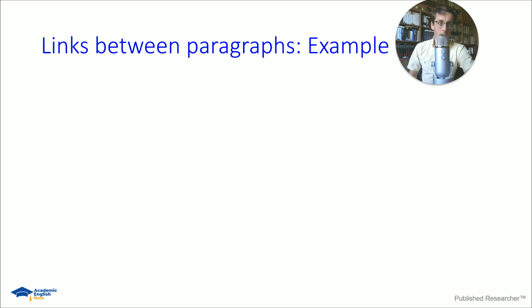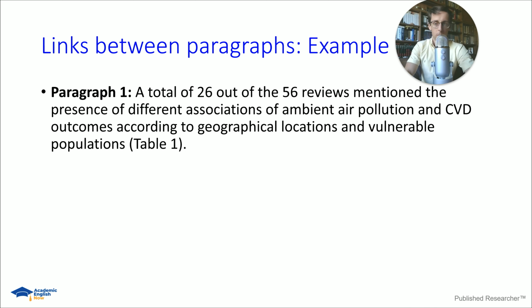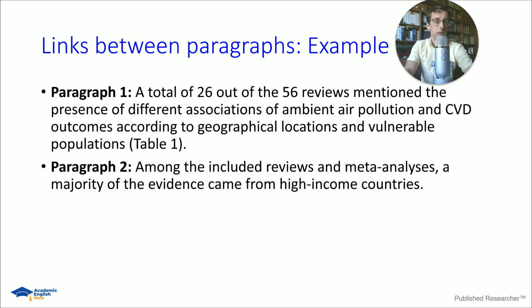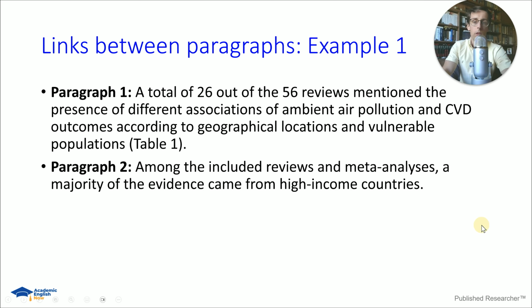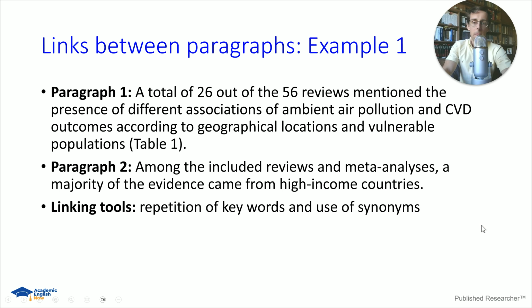Let me give you an example so that it's not some abstract high-level stuff, but that you actually understand what we're talking about here. So this is the end of the first paragraph, and this is the beginning of the second paragraph. Let's see what the writer did here. The writer repeated keywords and used synonyms to link the two paragraphs together.